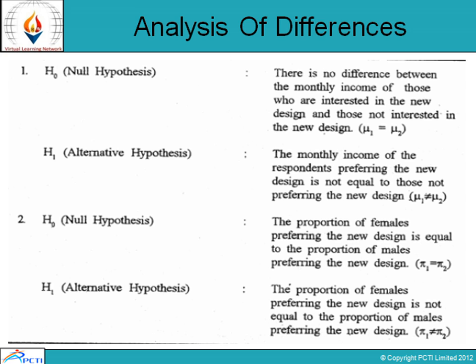The second case is where the proportion of females preferring the new design is equal to the proportion of males preferring the new design. The alternate hypothesis is that the proportion of females preferring the new design is not equal to the proportion of males preferring the new design.